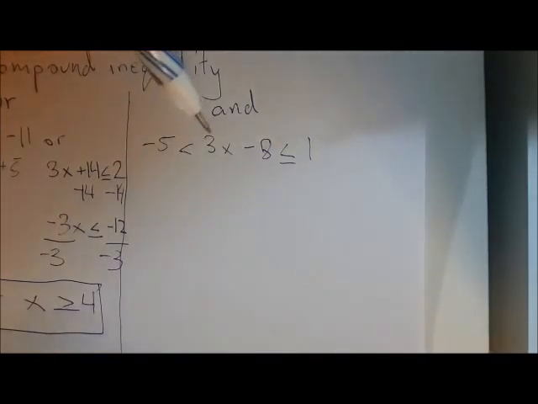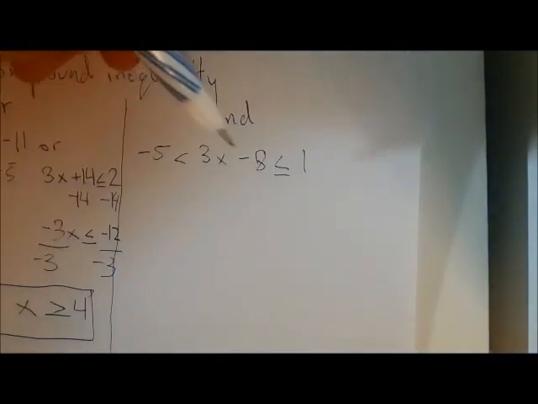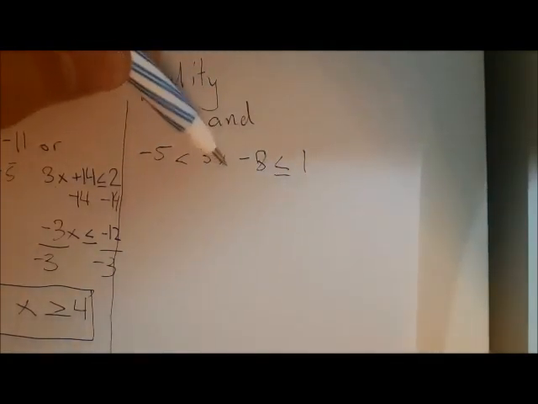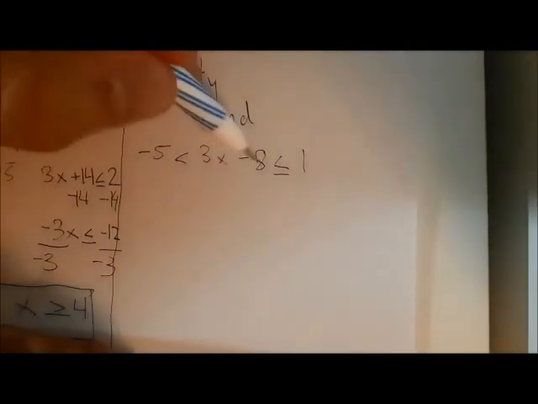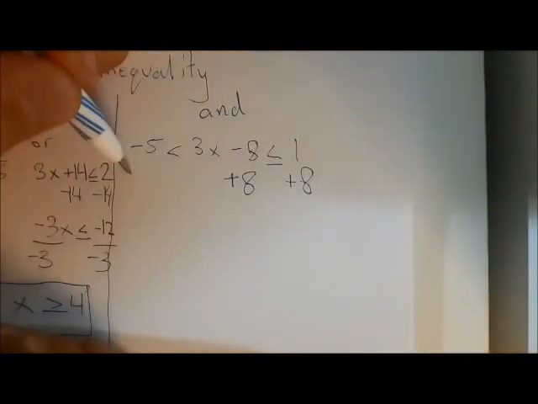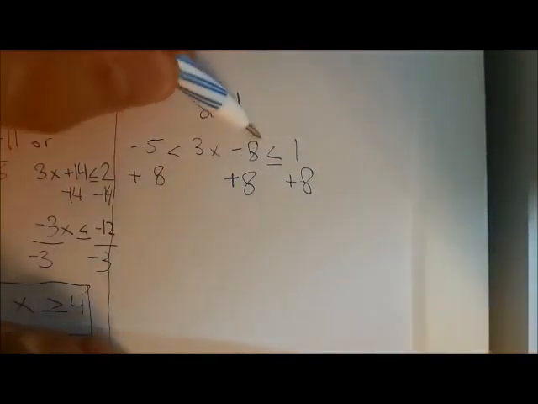And on the other question, the AND question, we would have to solve all of it at the same time. So we want to find x. So we have to plus 8 to everything. Okay, plus 8.